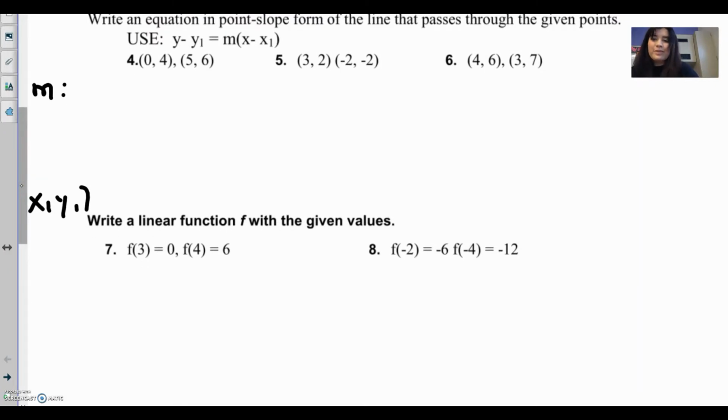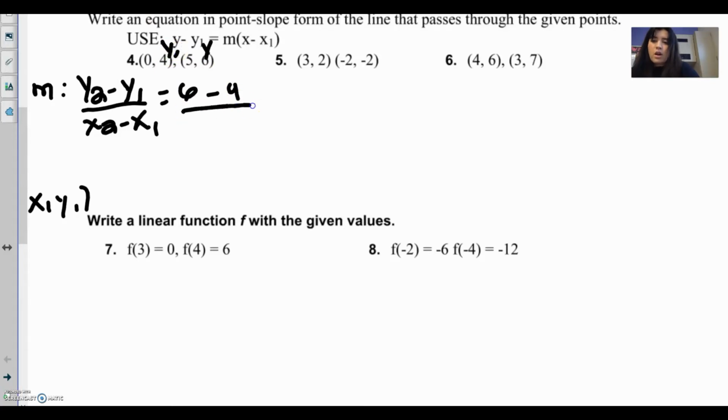So for m, we have to use that slope formula: y2 minus y1 over x2 minus x1. Okay, so our top here is 6, which is our y2, minus 4, which is our y1, over 5, which is our x2, minus 0, which is our x1.